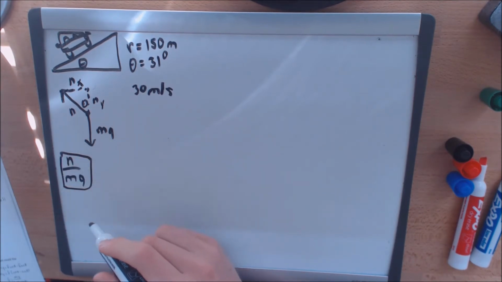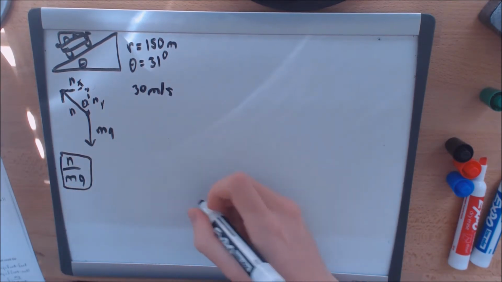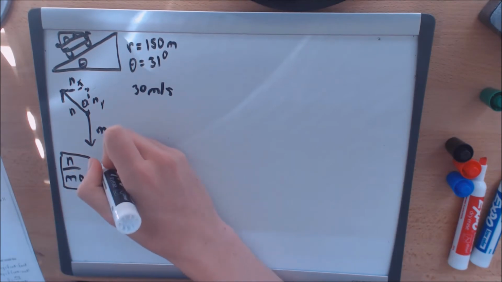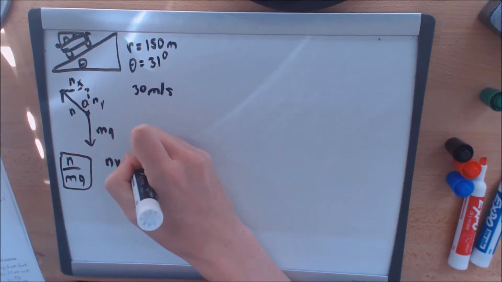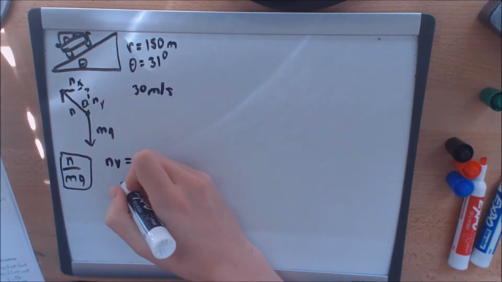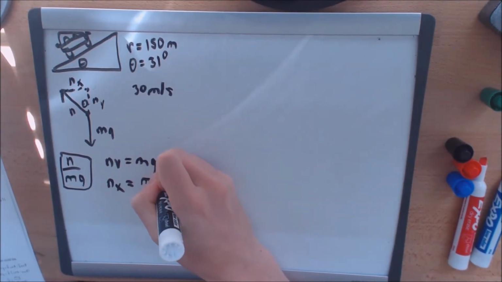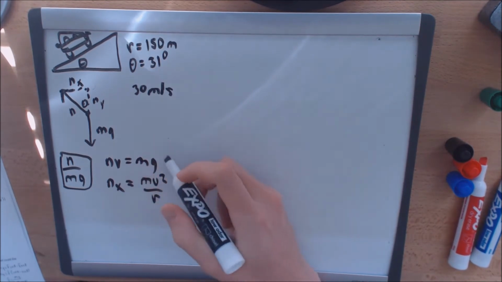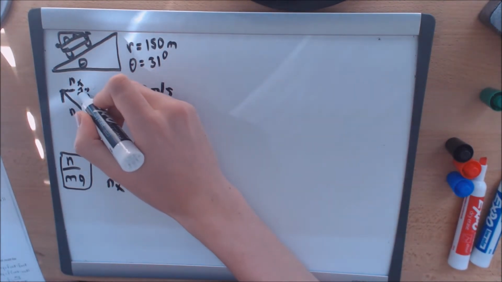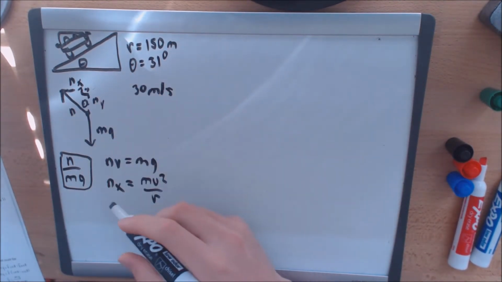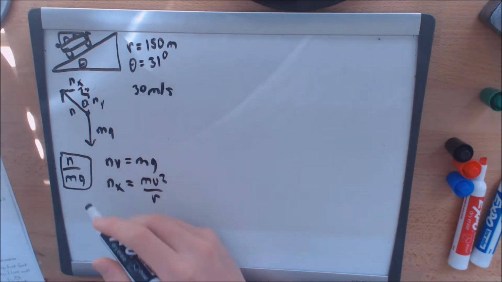And we want to find our normal force. From the previous step, we know our normal force in the y direction was equal to mg. We also know our normal force in the x direction was equal to mv squared over r. So we can use the Pythagorean theorem, because this is a right triangle, to find our just straight up n.